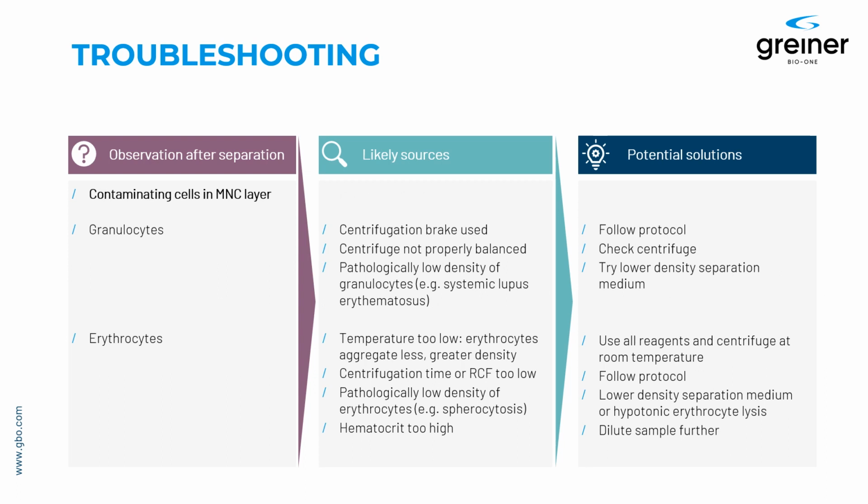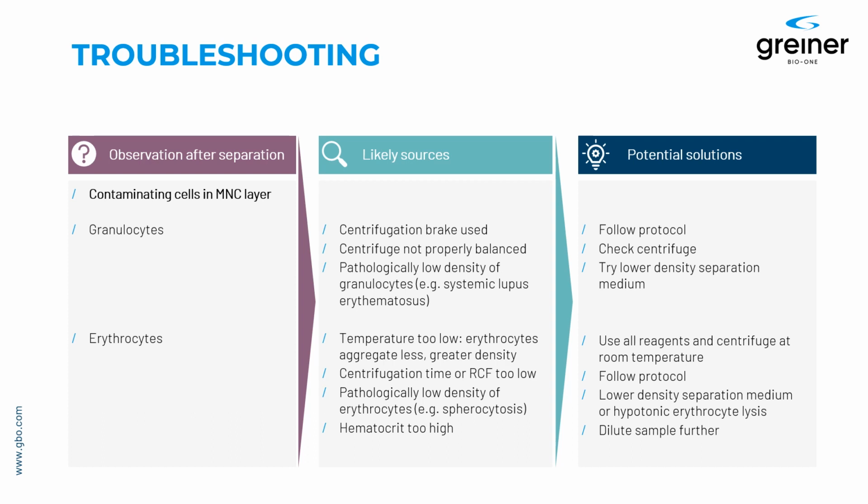The purity of mononuclear cells after separation is quite high, or should be quite high. If there are contaminating cells, then the troubleshooting is directed towards which specific cell type is the contaminating one. For granulocytes in the mononuclear cell layer, likely sources are that the centrifugation brake was used, or that the centrifuge is not properly balanced, or the presence of granulocytes with pathologically low density might also be one of the reasons.